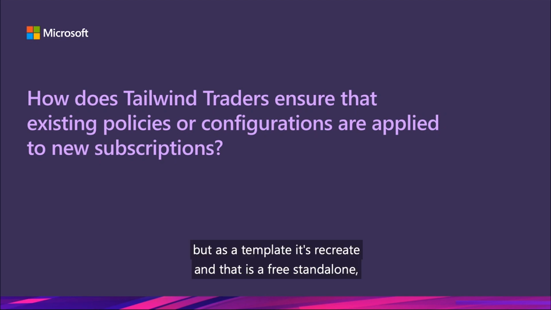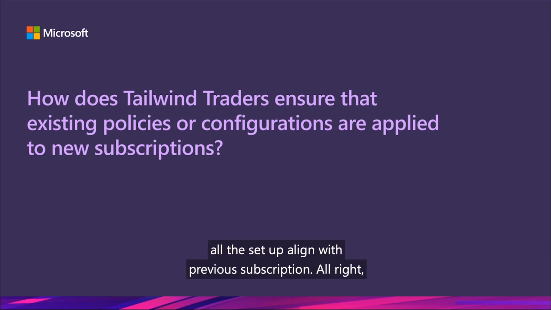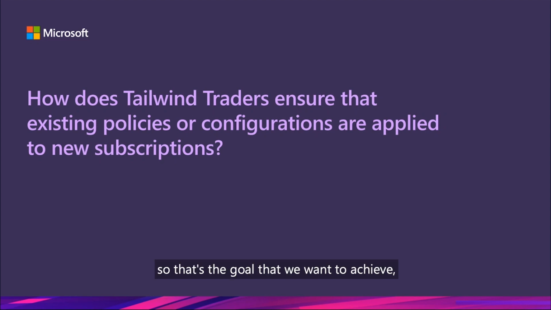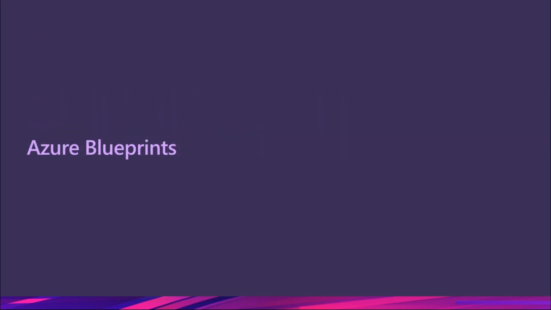But a template is really quick, and it is a very standardized option that you can deploy to the new subscription to make sure that all the setup aligns with the previous subscription. All right, so that's the goal that we want to achieve. To achieve it, we have to leverage Azure Blueprint.